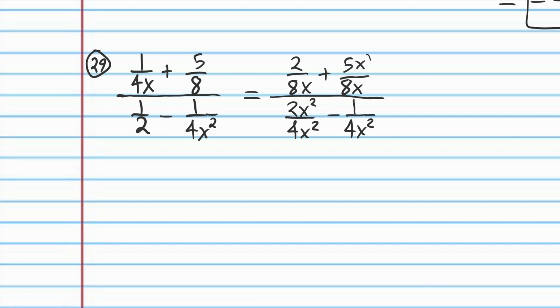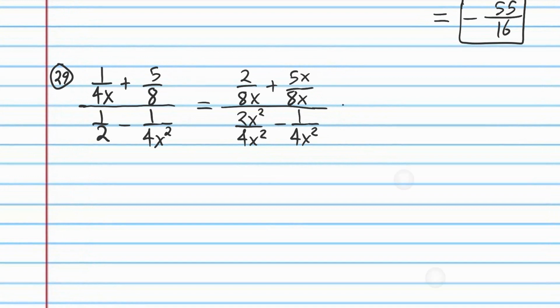So you see we have common denominators in the numerator and the denominator. So now we can combine the expressions in the numerator. So we get 2 plus 5x over 8x. And in the bottom, 2x squared minus 1 over 4x squared.